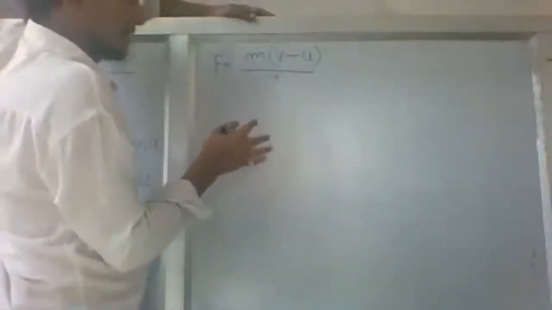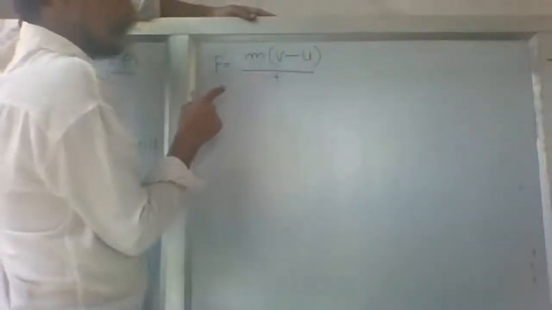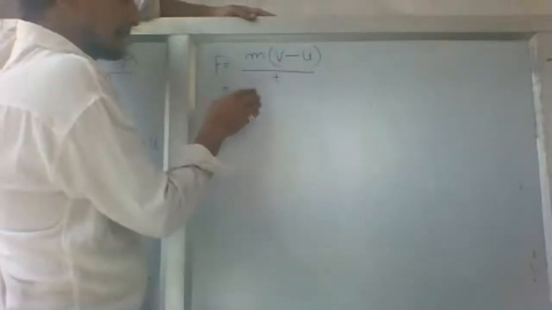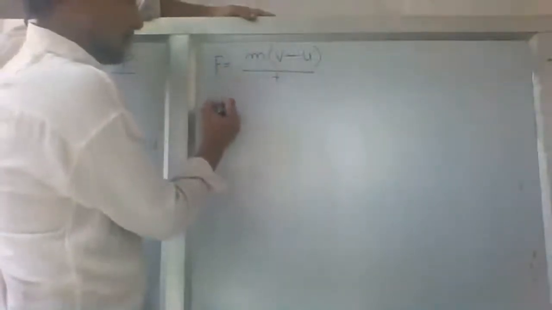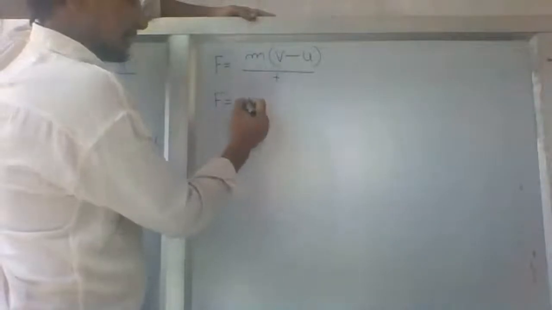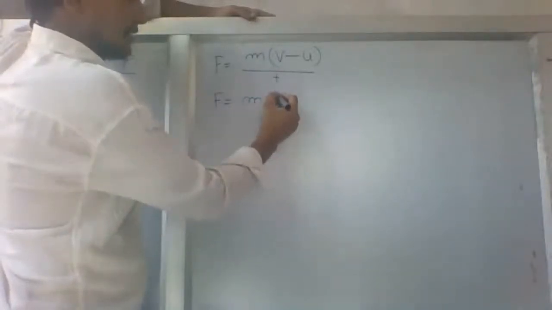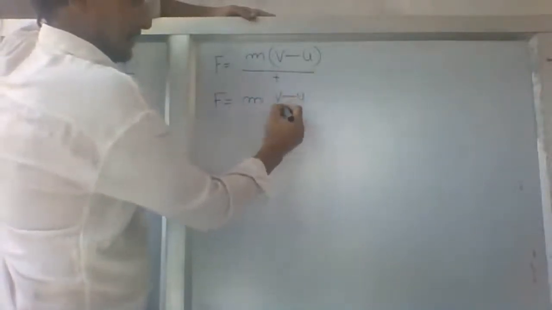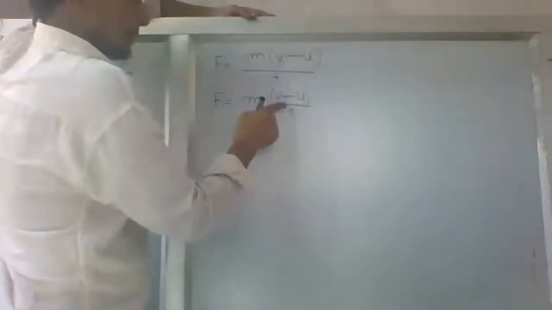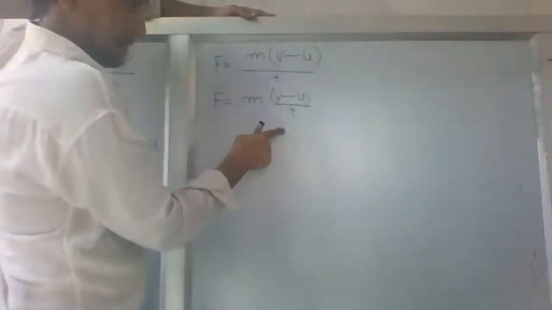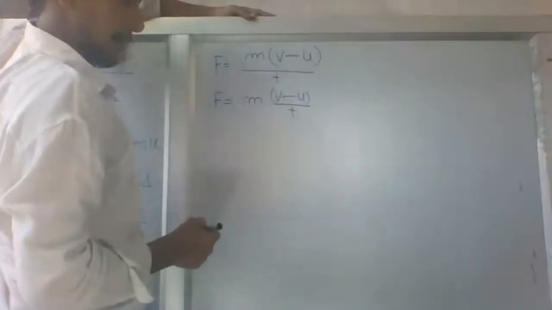Although we see that this is equally applicable to mass and velocity, you can easily write it like this: mass, final velocity minus initial velocity upon time. The rate of change of velocity is known as acceleration.